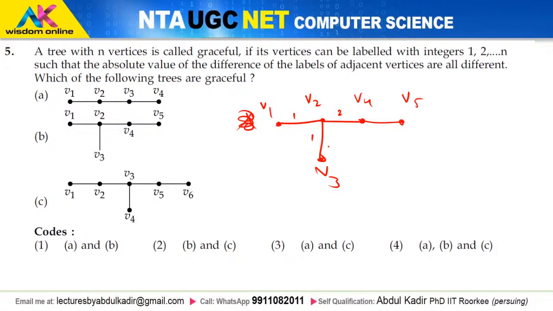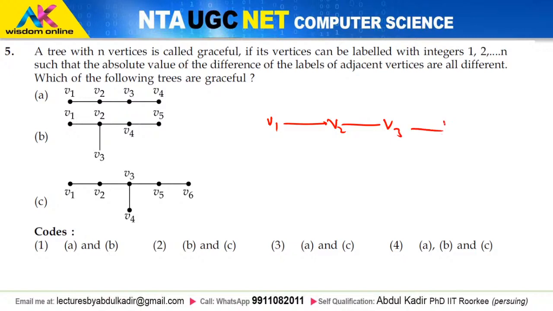We can label it in another way also. A tree with n vertices is called graceful if its vertices can be labeled with integers. I did not understand this question. He is saying can be labeled. Can we label it? For example, v1, v2, v3, v4. Let's label it 1. Now give it label 3.